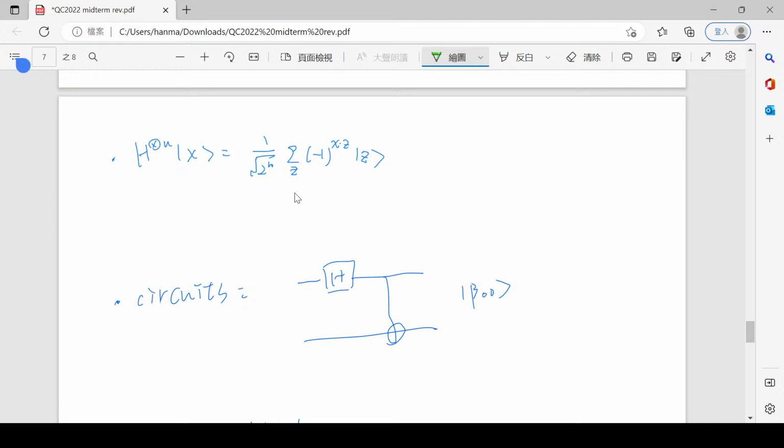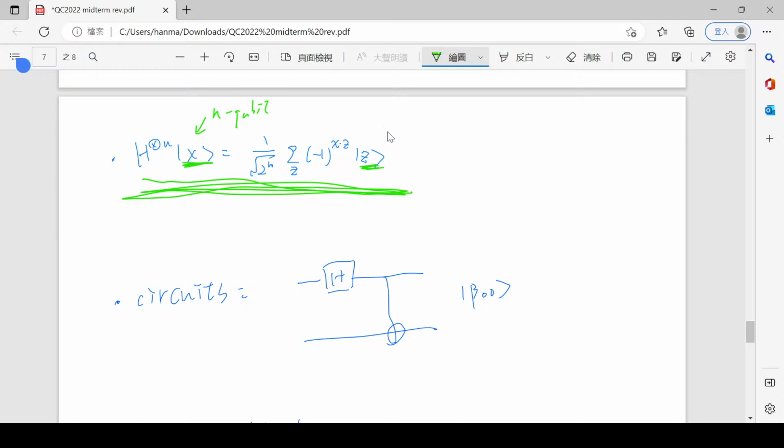And circuits. First is this useful calculation tool you should remember. When you apply the Hadamard transform H to the n on some computational basis state x, it will be the sum over all computational basis states z, with 1 over square root of 2 to the n, since this is n qubits, and you have a phase given by the inner product between these x and z.